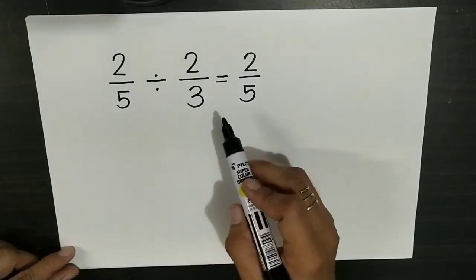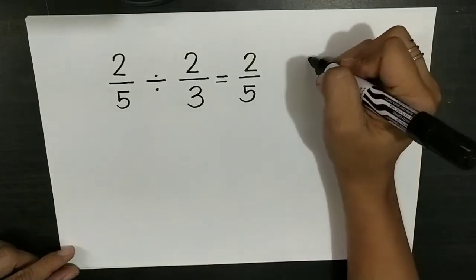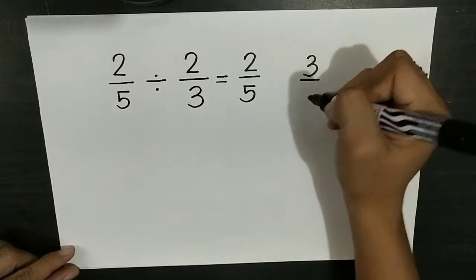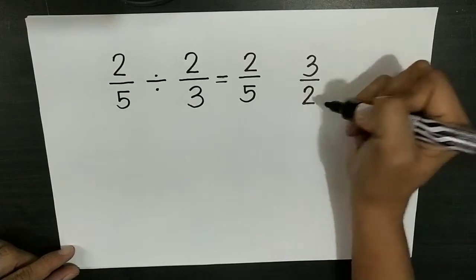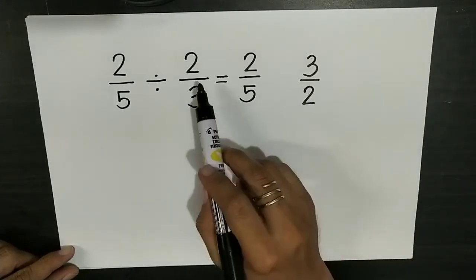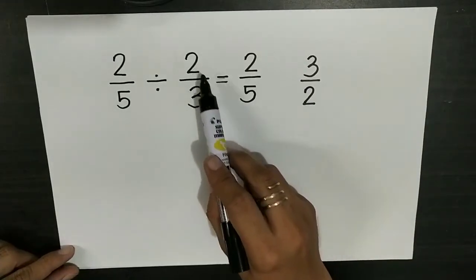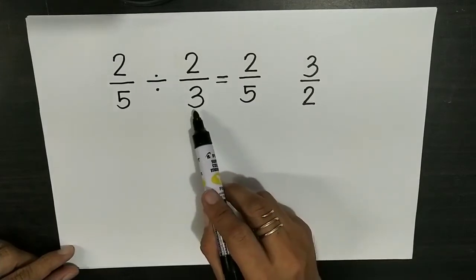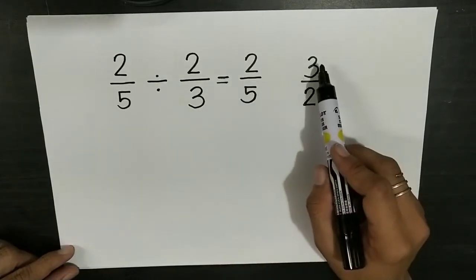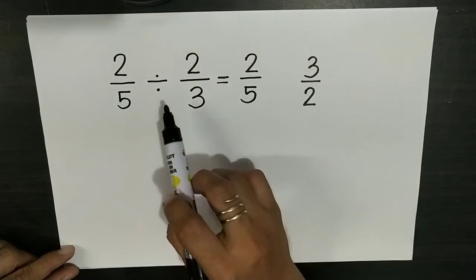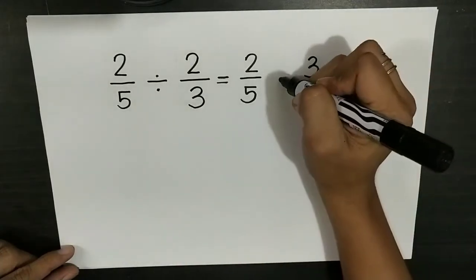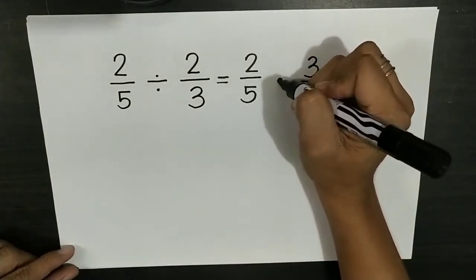The reciprocal of 2/3 is 3/2. To write its reciprocal, the numerator becomes the denominator and the denominator becomes the numerator. Then from the division operation, we will proceed now to multiplication.